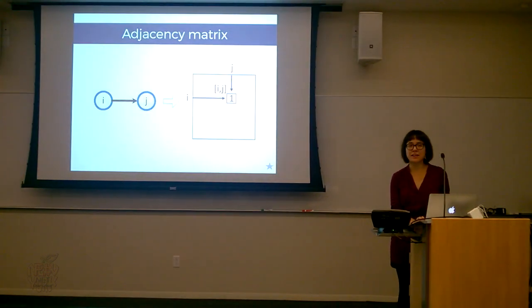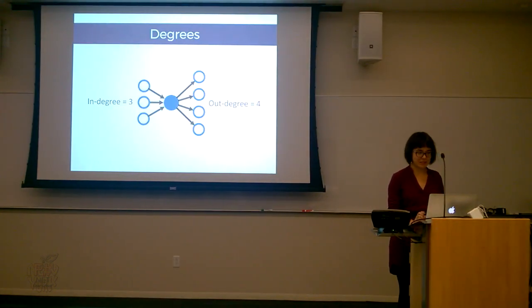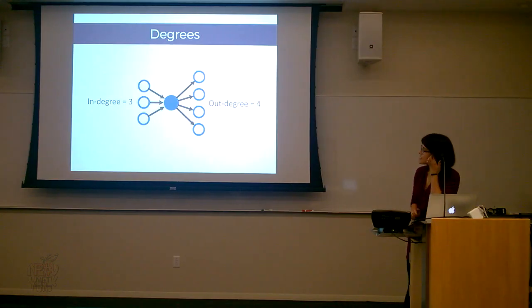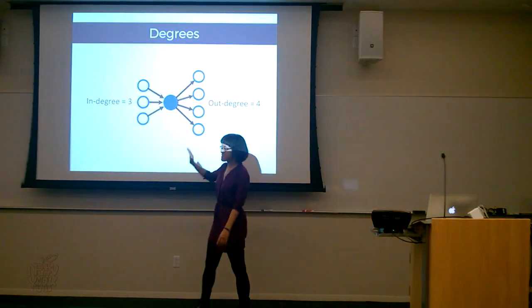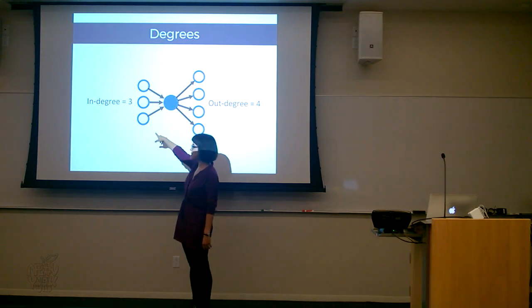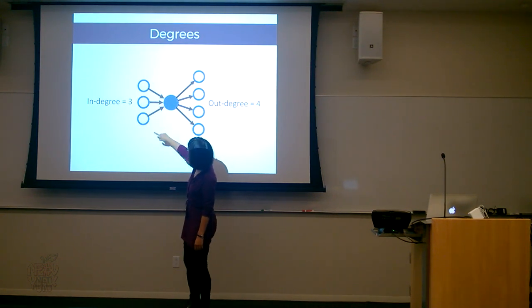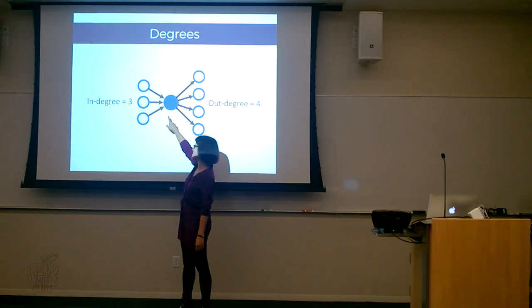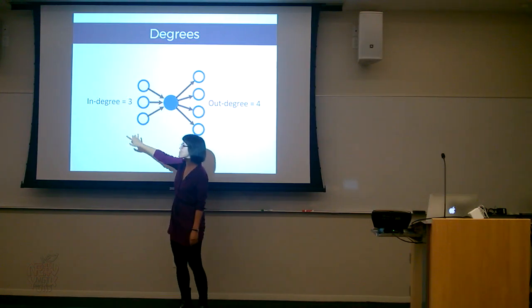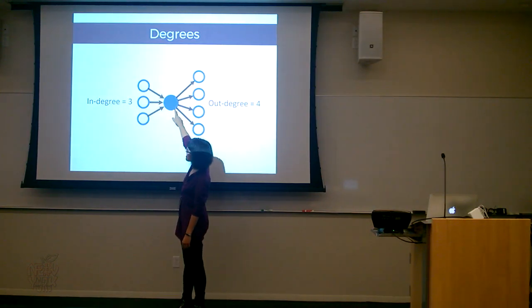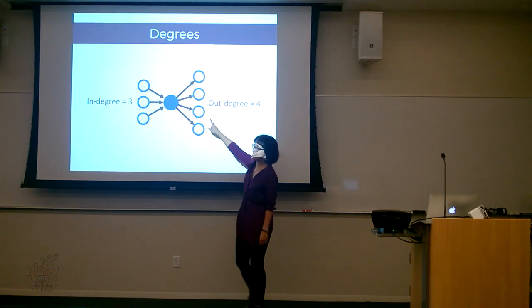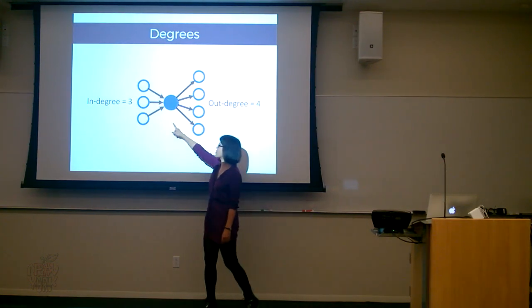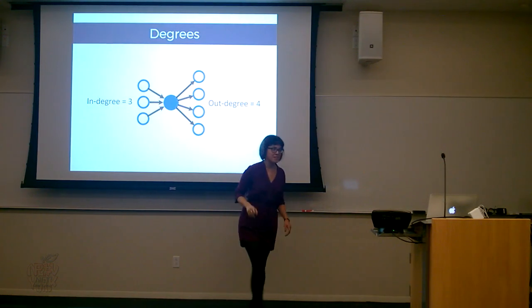So why are we actually using the adjacency matrix? It's very easy to compute things like degrees. Just a bit of terminology. The in degree is the number of followers of a node, which means the number of nodes that have links coming into this central node. And an out degree is the number of friends. That means the number of outgoing links from a node.